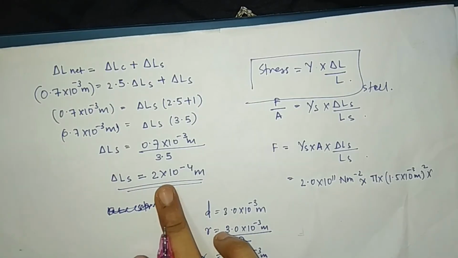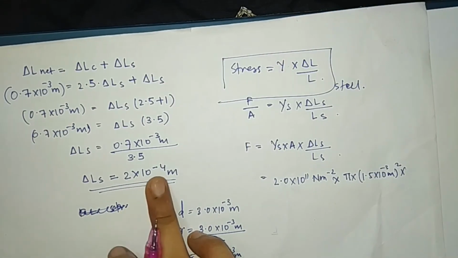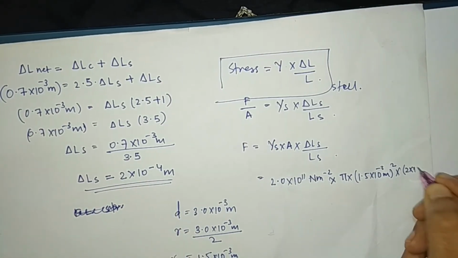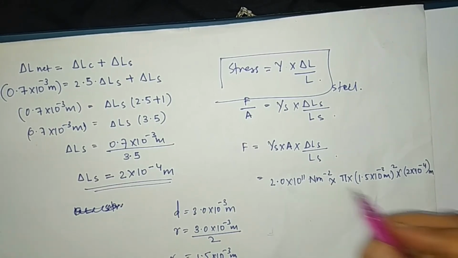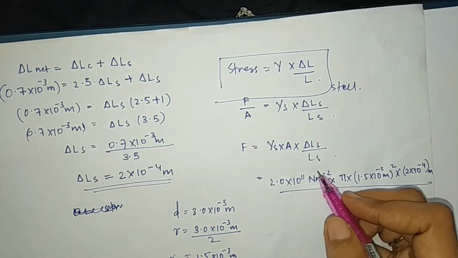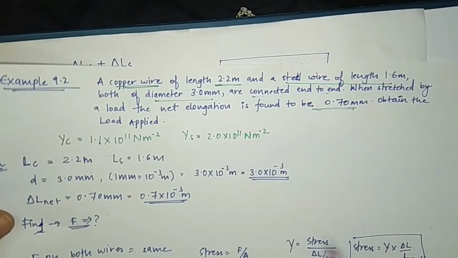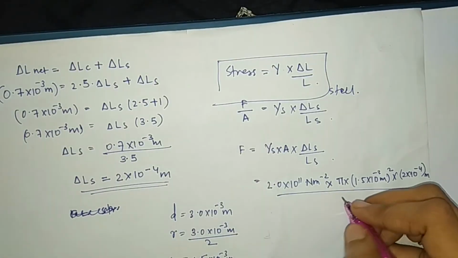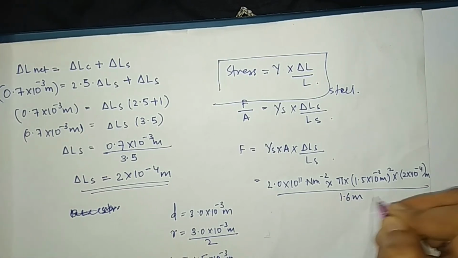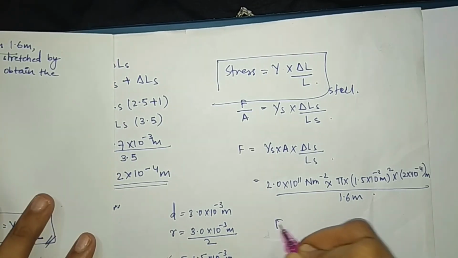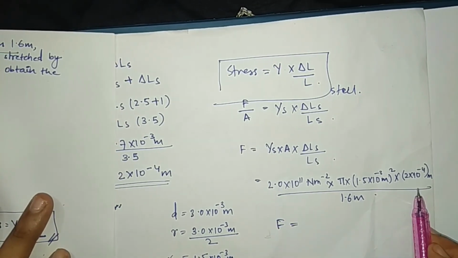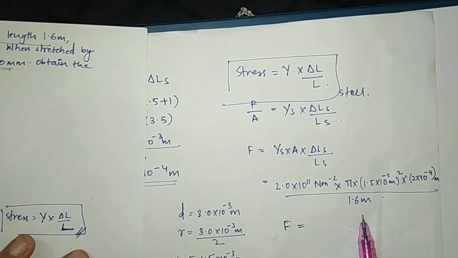Delta L as we calculated was 2 into 10 raised to minus 4 meter, divided by the length of steel. The length of steel was given in the sum, so it is 1.6 meter. It's better for you to take all the powers of 10 aside and then do the calculation, so it will be easy.